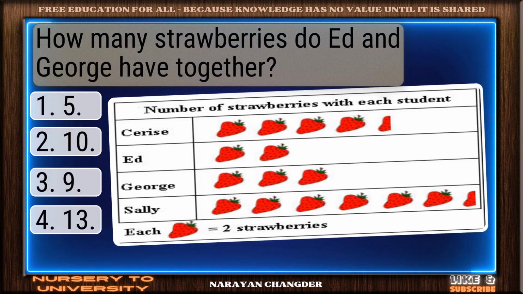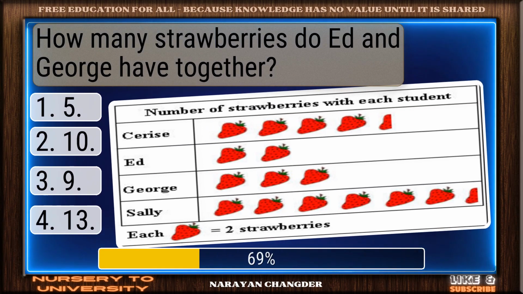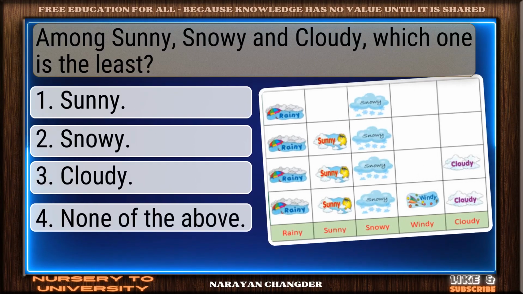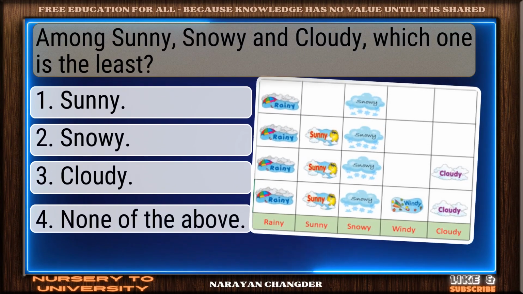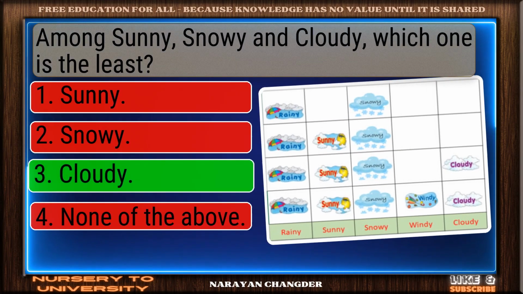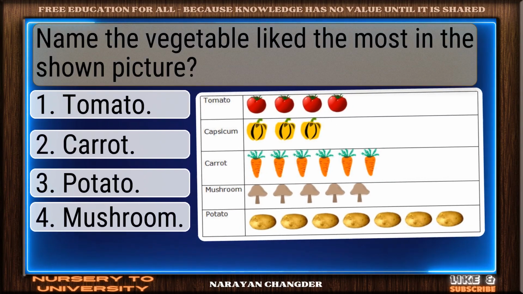How many strawberries do Ida and George have together? Perfect. 10 is the one. Among sunny, snowy, and cloudy, which one is the least? Excellent. Cloudy is well reasoned. Name the vegetable liked the most in the shown picture.